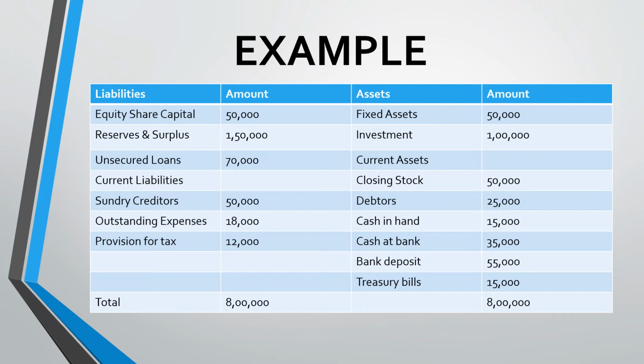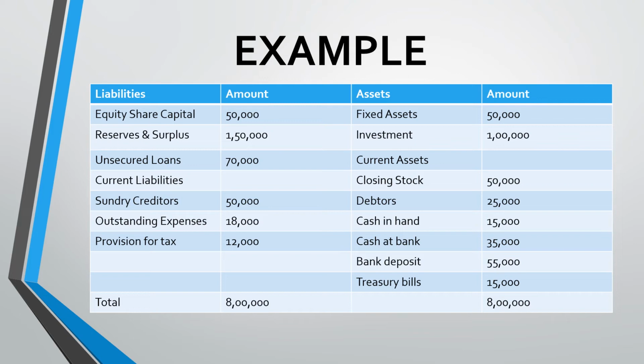Asset side: fixed assets 50,000, investment 1 lakh, closing stock 50,000, debtors 25,000, cash in hand 15,000, cash at bank 35,000, bank deposit 55,000 and treasury bills are 15,000.